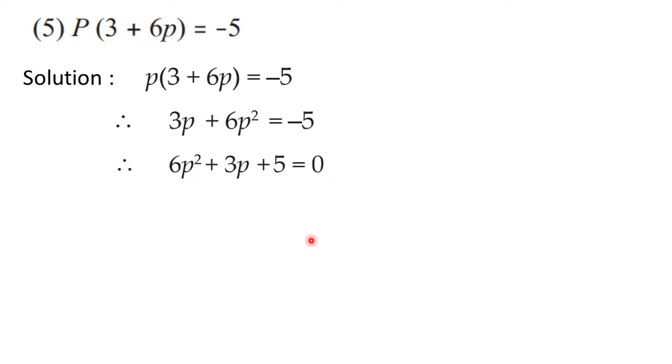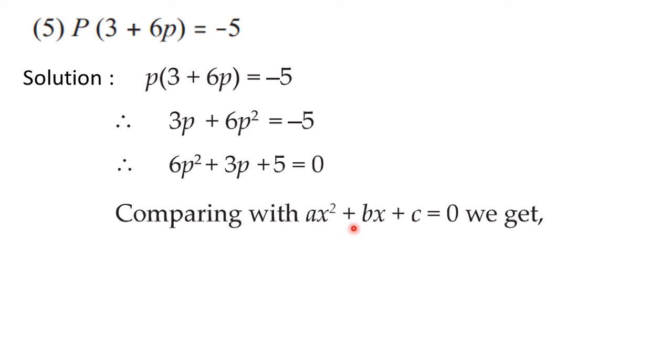Now the next statement is comparing with the standard form, ax square plus bx plus c is equal to 0, we get: here you can see that the value of a is 6. In the previous two examples the number was not present, so we wrote 1 there. But here a is 6, b is 3 and c is 5. So write it down. a is equal to 6, b is equal to 3 and c is equal to 5.